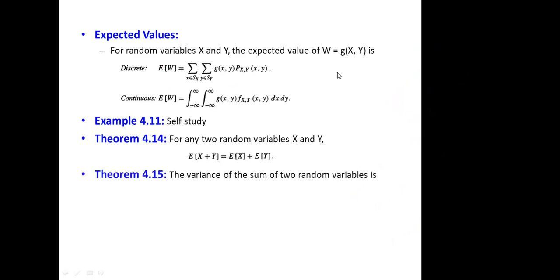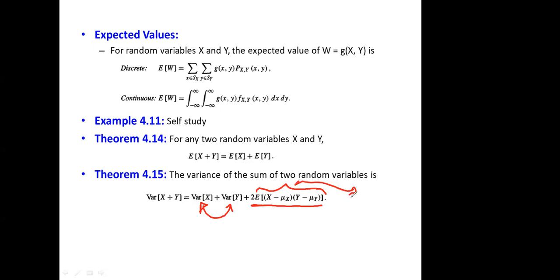And then if I'm talking about the variance, that variance actually will have an extra part. It is not like variance of x plus variance of y, but 2 into expected value of x minus mu x into y minus mu y. And remember one thing, this expected value of x minus mu x into y minus mu y is called the covariance of xy.